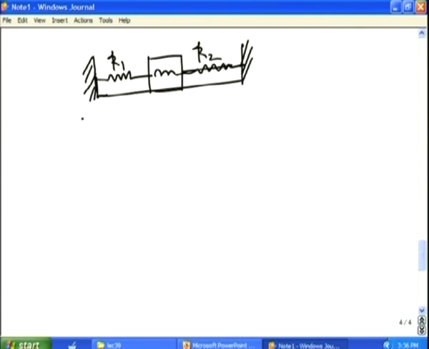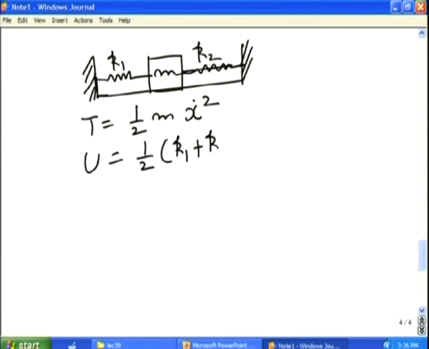Put kinetic energy T equal to half m x dot square, then U is equal to half k1 plus k2 x square, because half k1 x square energy is stored in both.